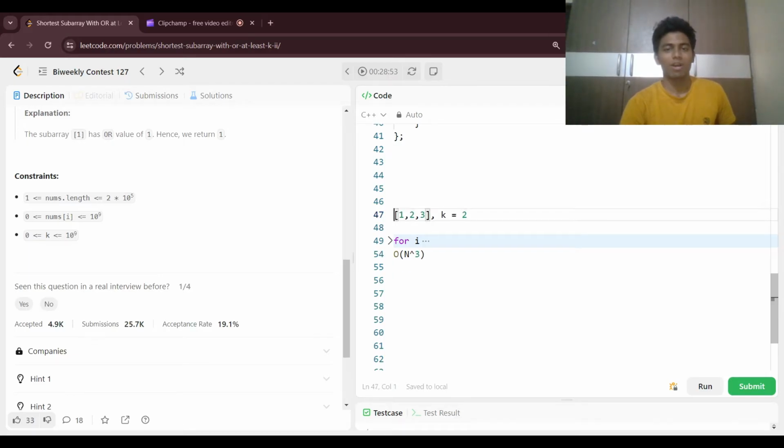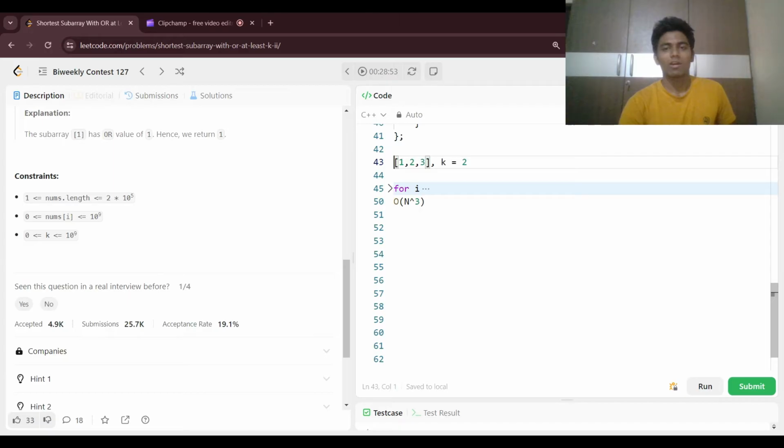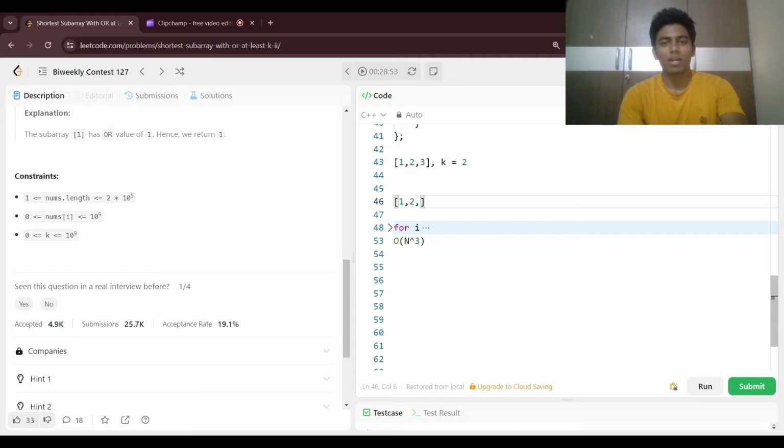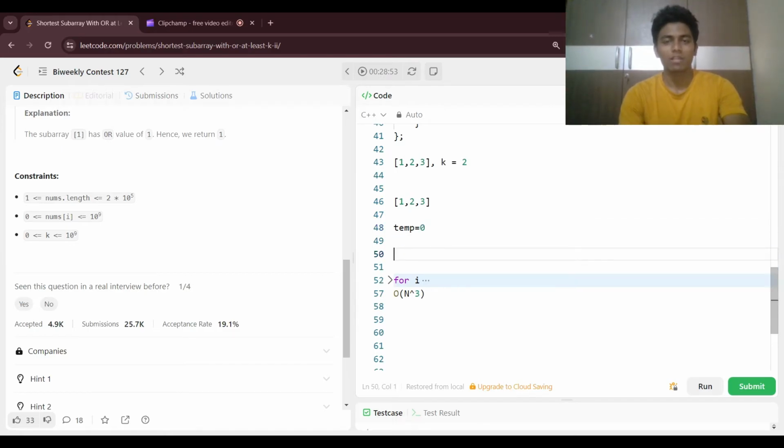Suppose I have 1 2 3 and k equal to 2. Let me take an example where I have temp equal to 0, and then I am going to calculate temp equal to temp OR nums of right.